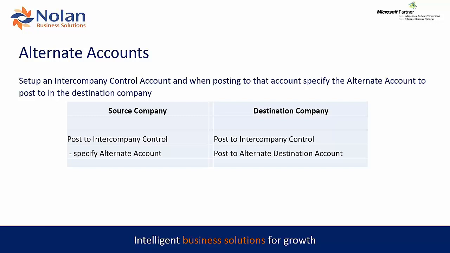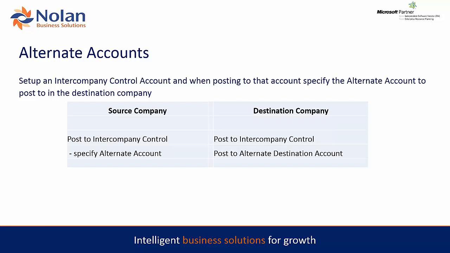And again, the option there is to automate it or not. And if it's automated, then it'll go into the destination company and be posted directly into their ledgers, and needs no additional input from the staff in that destination company. And again, it depends on how you want to set up your system as to which process you prefer.